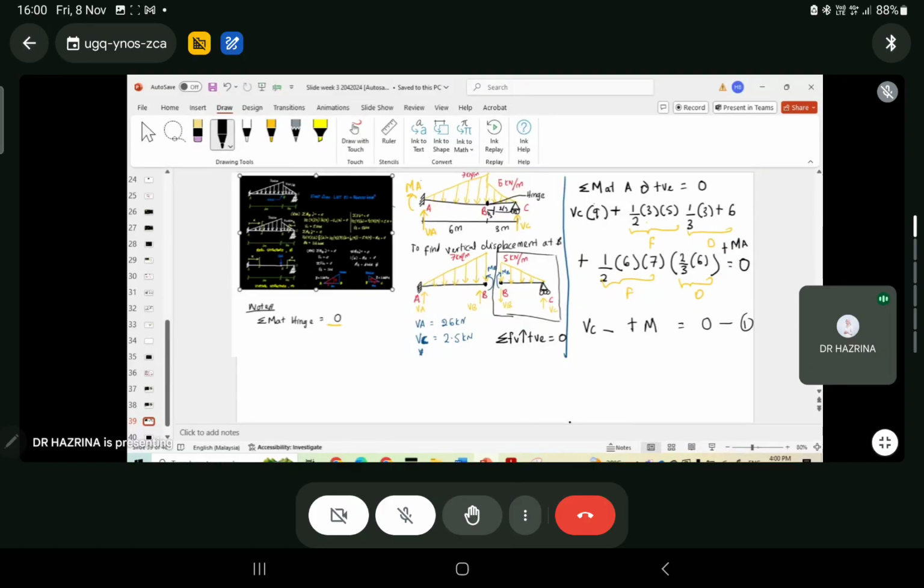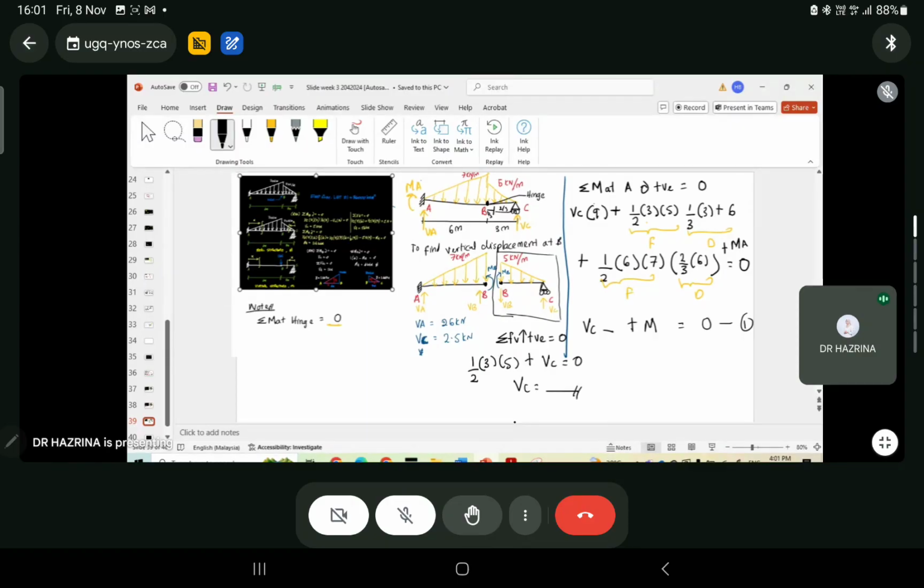So in this particular case, you akan dapat setengah darab dengan you punya jarak 3. Okay, setengah kali tapak kali tinggi, which is you have 5 kilonewton. And then you plus dengan VC equals to 0. So now you get what is your VC sama dengan the value.